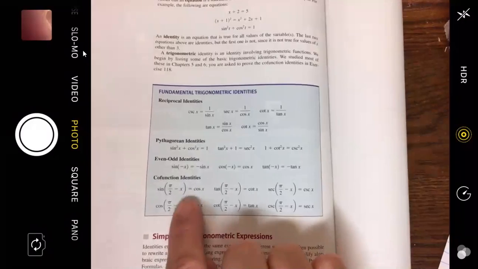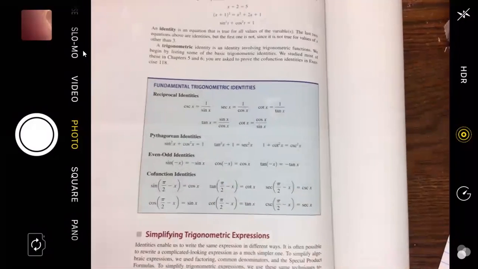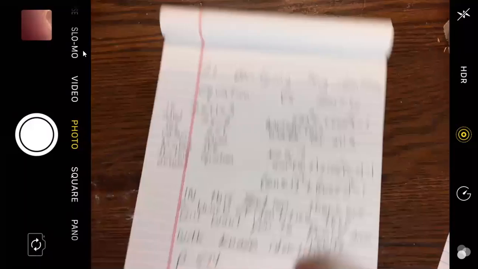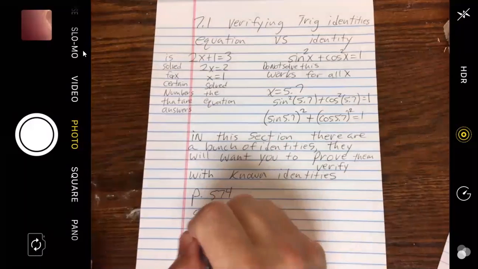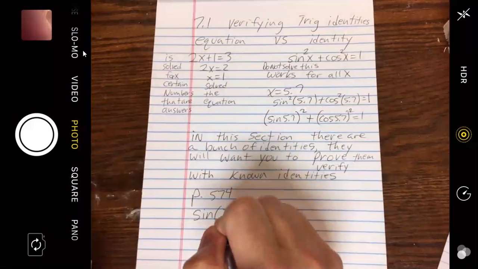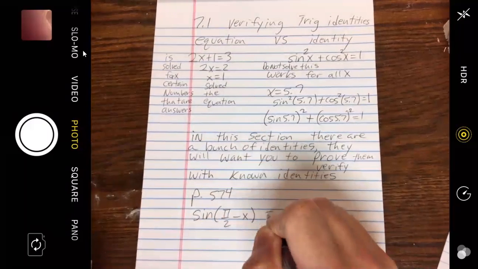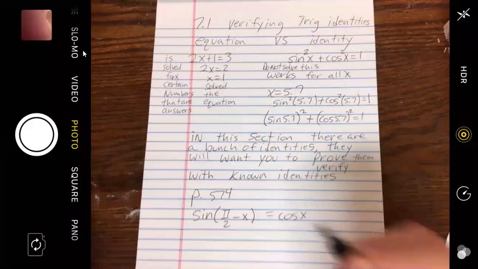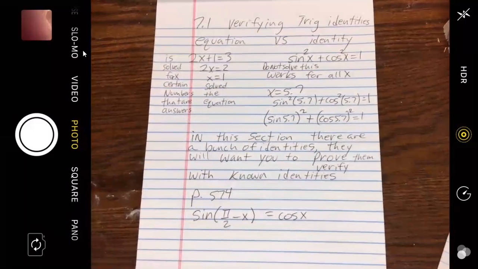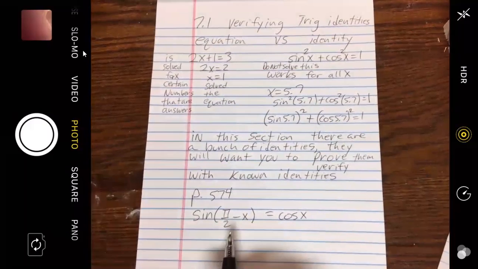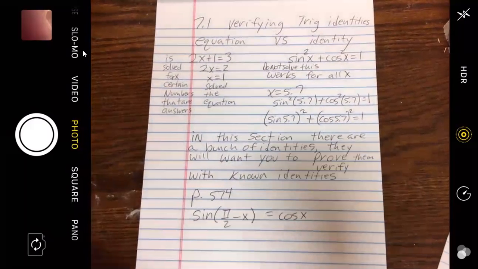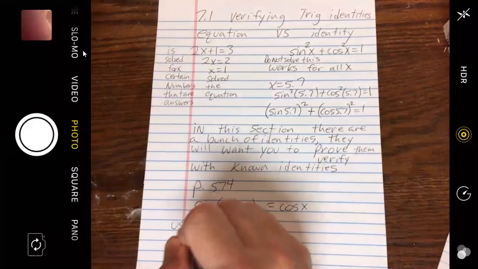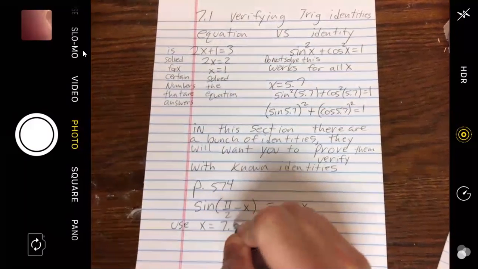Just to pick one of them, we won't derive these right now, I'll just assume them. The sine of pi over 2 minus x is identical to a cosine of x. Again, this works for every x. They don't really show you the formulas to derive it till 7.2, but they're giving you the identity now. Again, use x equals 7.8.